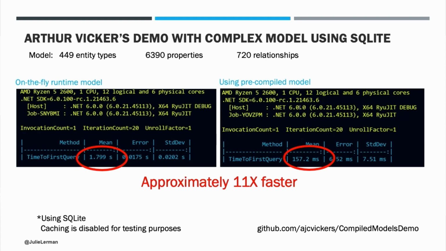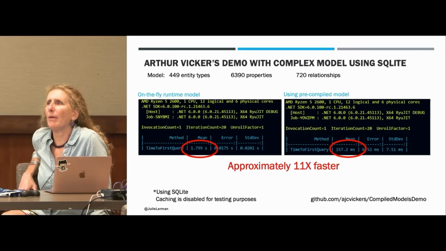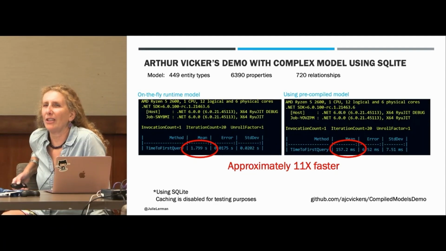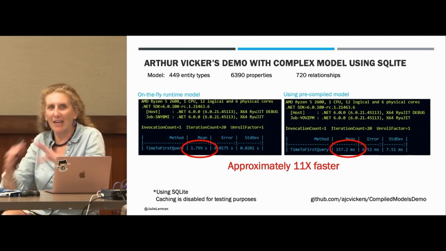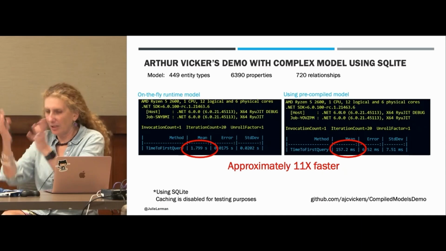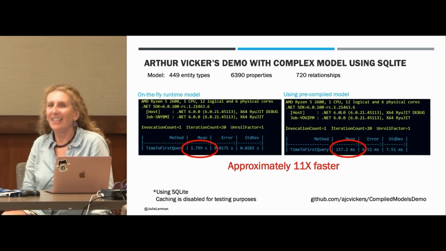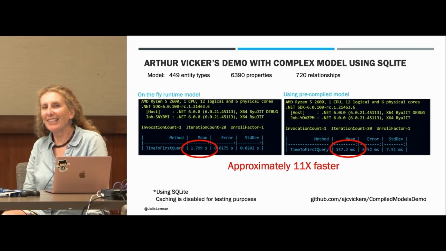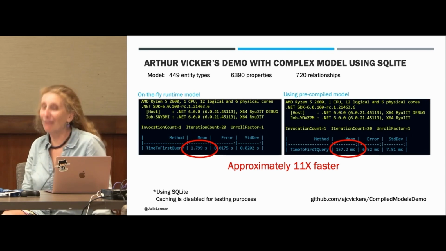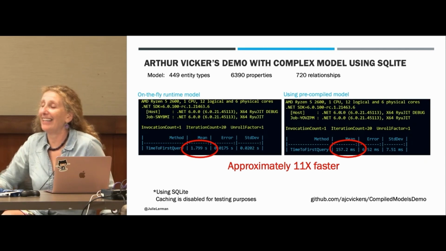So when they started talking about the fact that they've got this pre-compilation that's going to really help with large DB contexts, large models, I don't know if you know, I do a lot of work with domain-driven design, and I'm like, why is anybody using large models? They shouldn't be using large models anyway. They should be dividing them up and having bounded contexts and creating DB contexts just for those. And they're like, yeah, but there's still a lot of applications out there that have really, really, really big models, and we want to help them.